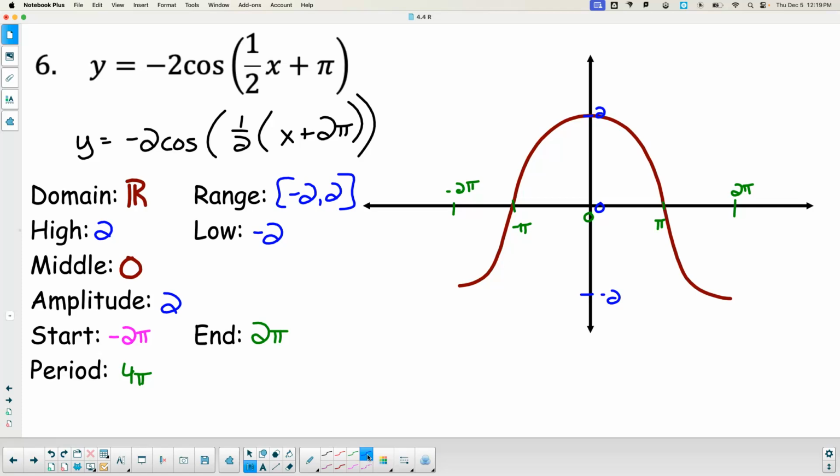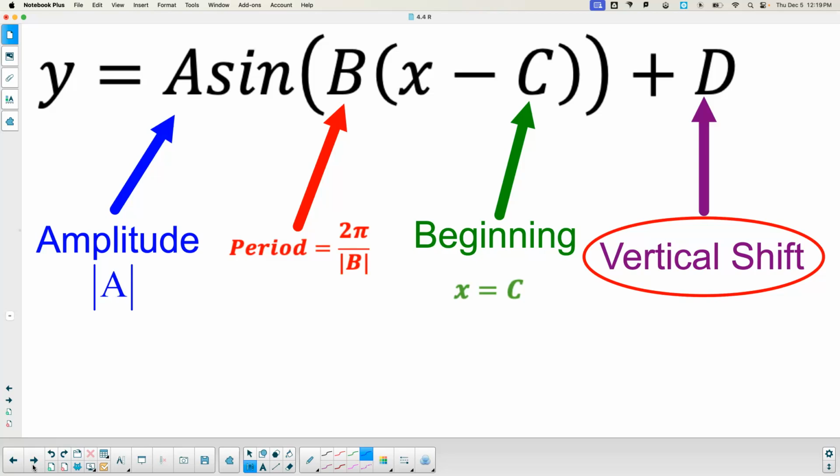All right, let's add the last part to this so that we can just start giving you regular old, here's a sine cosine curve, graph it. So Tuesday we talked amplitude. Tuesday we talked period. Yesterday we talked horizontal shifts. Today we're talking vertical shifts. So that D value takes the entire graph and moves it up if it's positive, down if it's negative.